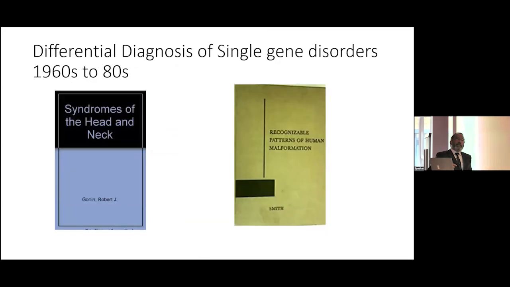Now, for differential diagnosis of single gene disorders, dysmorphic conditions in the 1960s to 80s, we used to rely on books like Syndromes of the Head and Neck by Gorlin, or Recognizable Patterns of Human Malformation by Smith. So, people used to come back from clinic and then thumb through these books, trying to make a diagnosis.